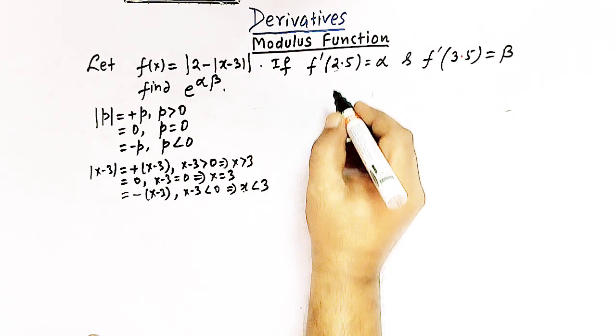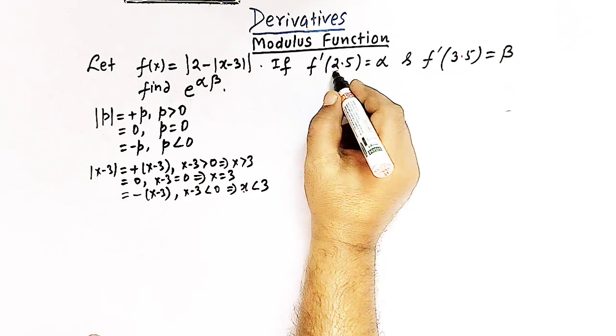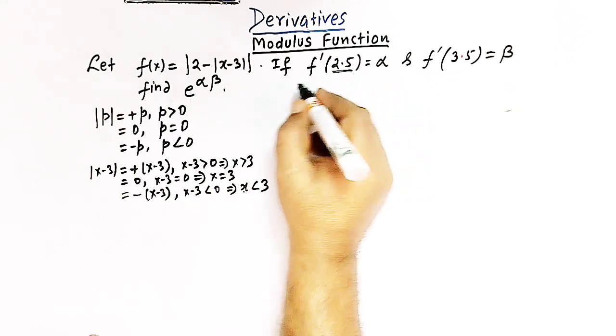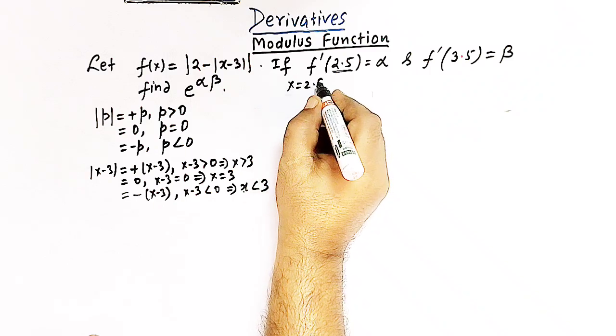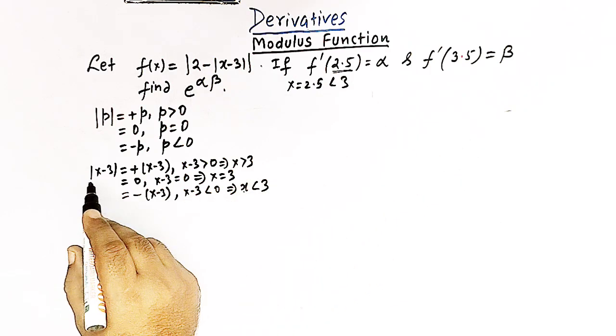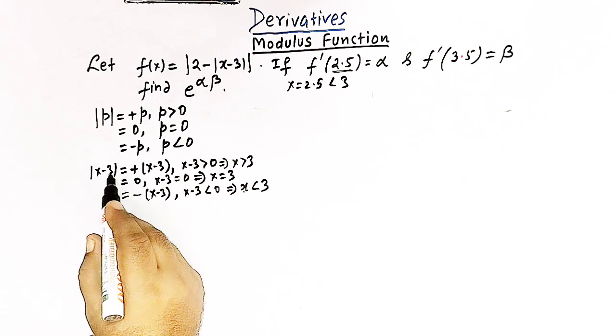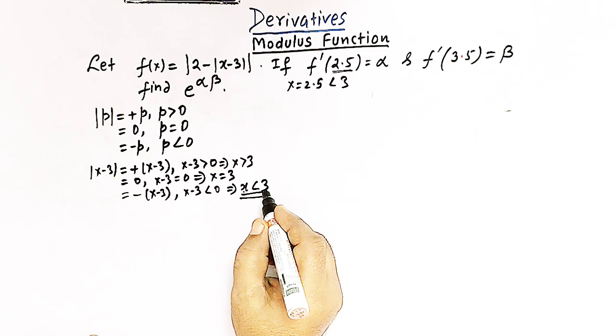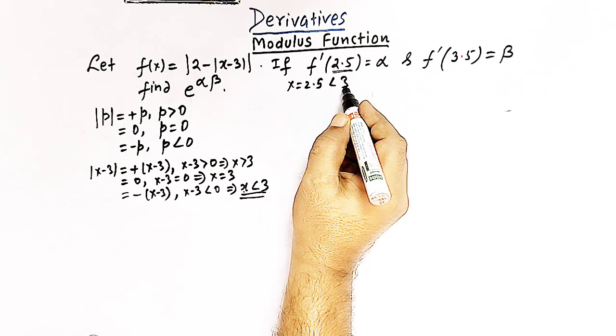So first of all, we'll find out the value of f prime of 2.5. Now here at this point, that is x is equal to 2.5 is less than 3, right? So here if we look at this definition of mod of x minus 3, then here we have x less than 3 and 2.5 is less than 3.